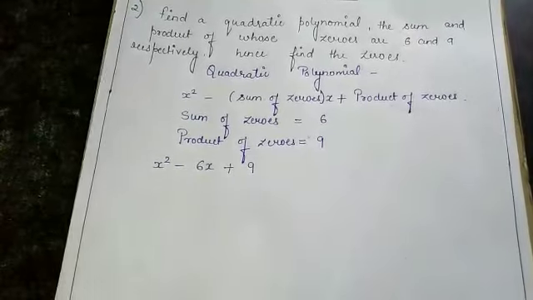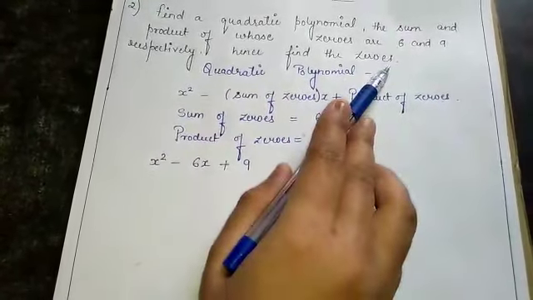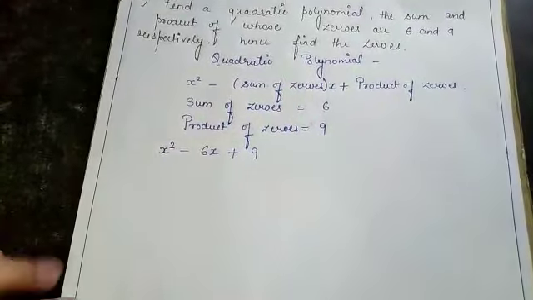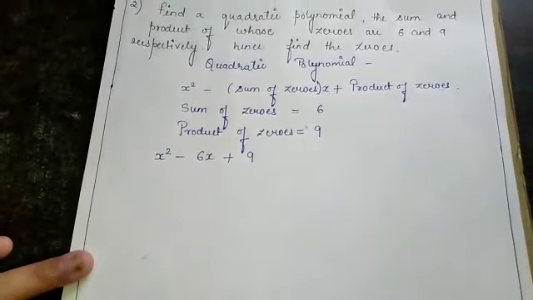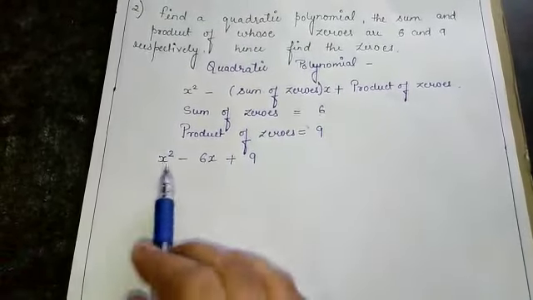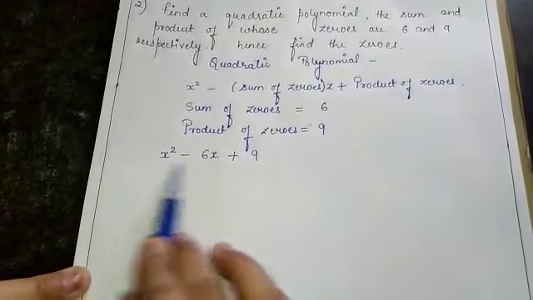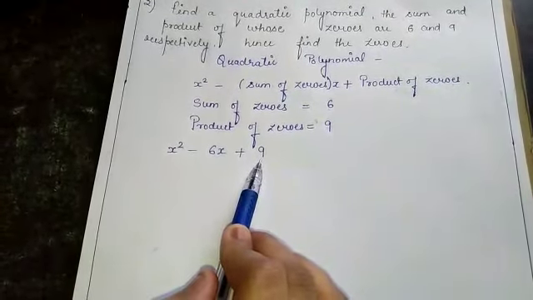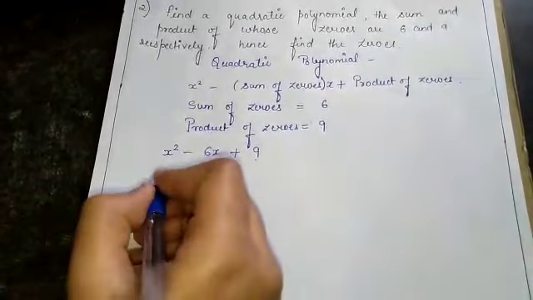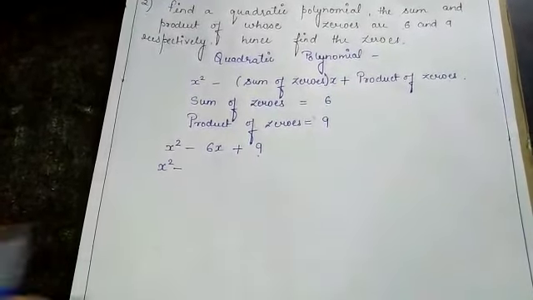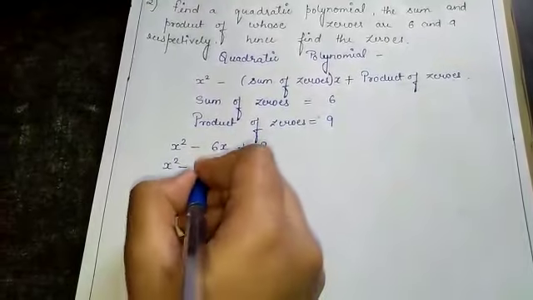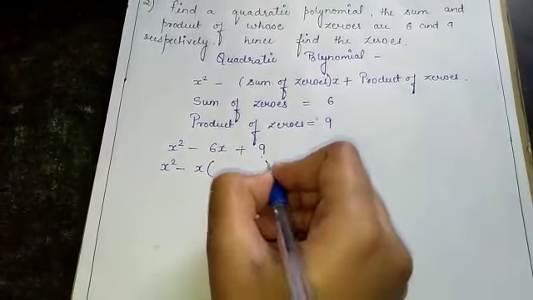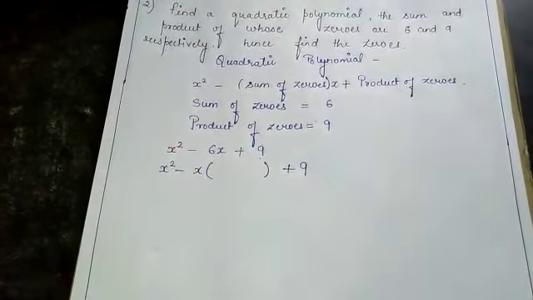Now next is to find the zeros. So how can we find the zeros of this polynomial? I am going to split this quadratic polynomial and then find the zeros. So x square minus, I can write it as x, in bracket, plus 9.